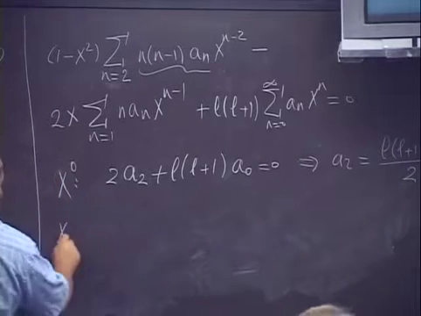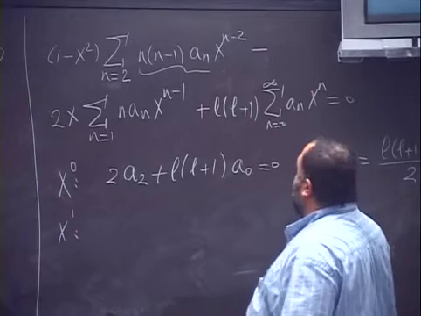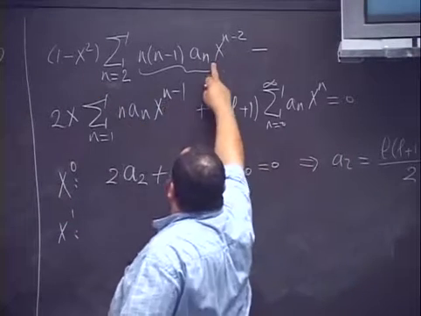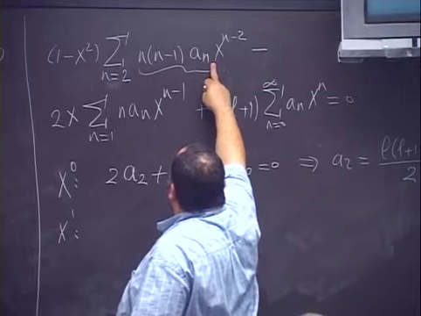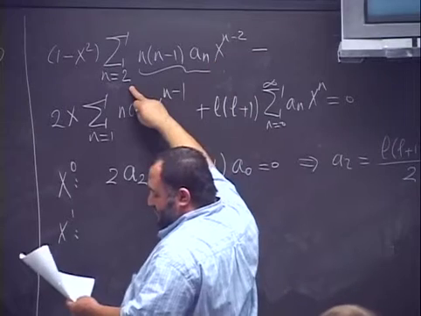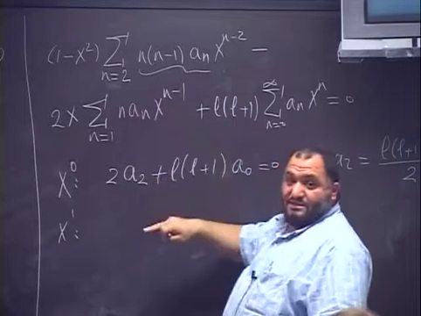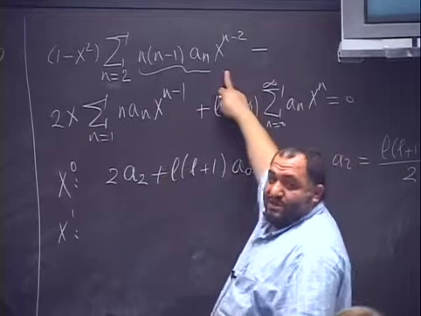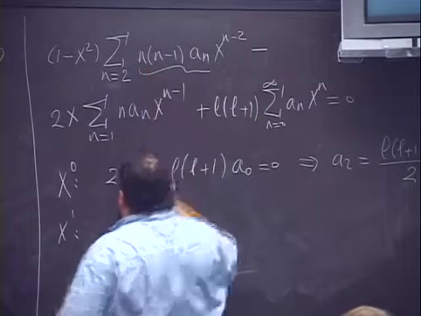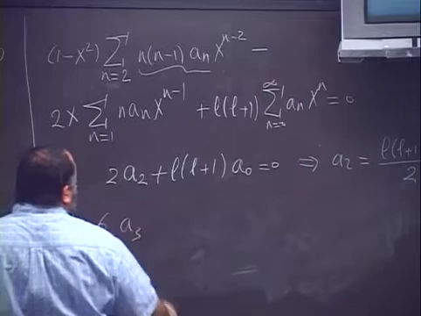So what's x^1? Which one will give me x^1? The first term will give me x^1 if n equal to 3. So 3 multiplied by 2 is 6, and this is a_3.